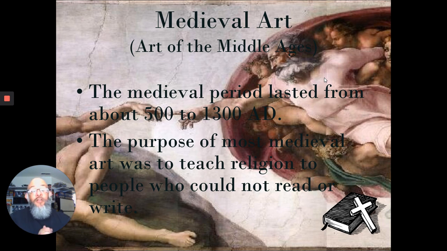The majority of people at this time were not literate enough to read these things and know these things. So art was used to make it visual, much like how I do my lessons with a lot of visuals. So you may not be able to read what the Bible says, but you could definitely see what it's teaching. Okay?